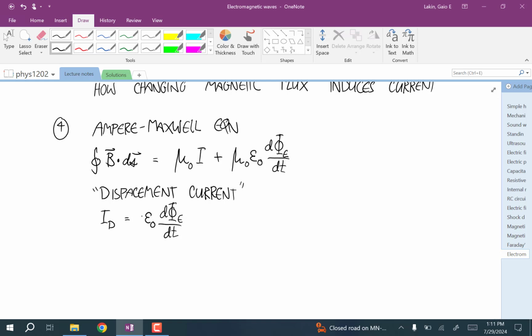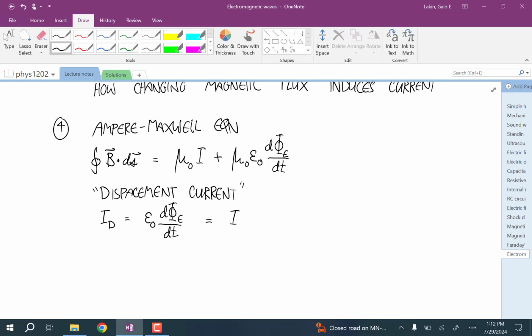That's a case where the magnetic field and the electric field are changing in time. All you have to remember about that is that this new thing, the displacement current, is equal to the current going to and from each side of the capacitor.